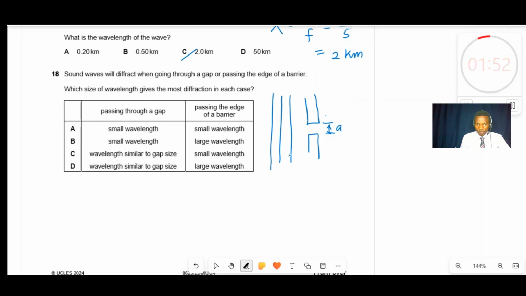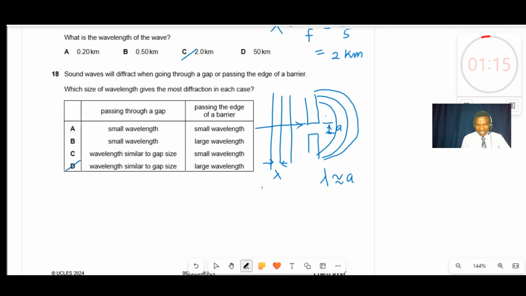So the wavelength, this is lambda, so this is the incident wave. Once lambda is almost the same value as the aperture, then the wave is fully diffracted around this place. So the wavelength is similar to the size of the gap, and then diffracting over an edge.